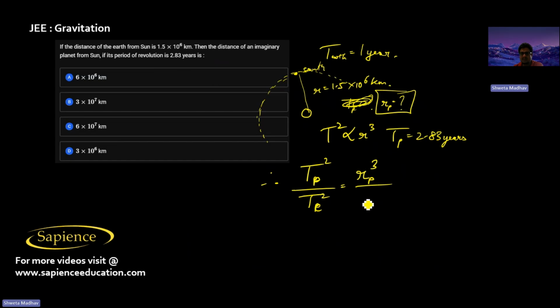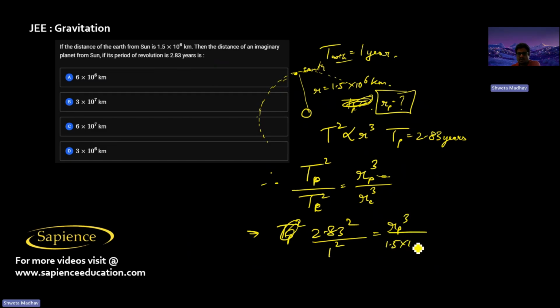So therefore, I can say TP square is 2.83 square by 1 square, since the time period of revolution of the Earth is 1 year. So this is equal to RP cube divided by RE cube, that is 1.5 into 10 power 6 kilometer cubed.